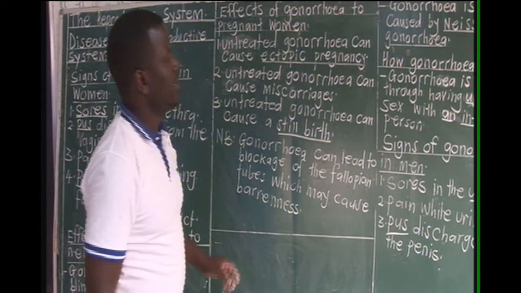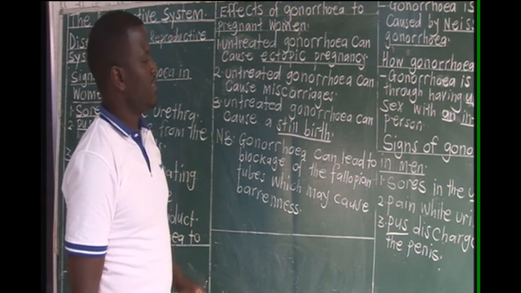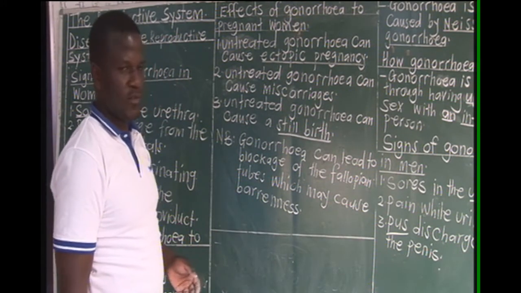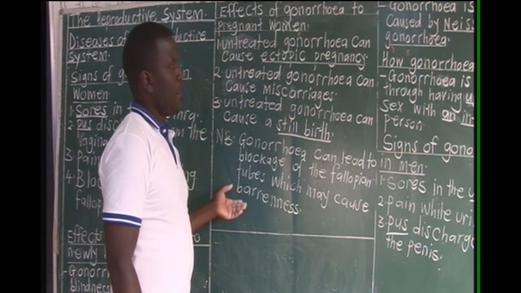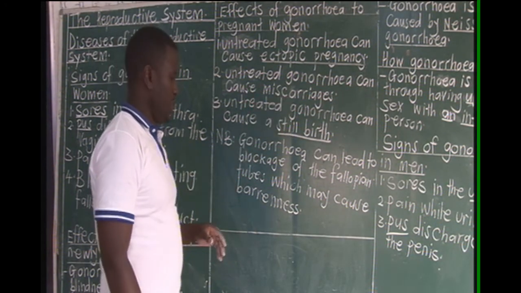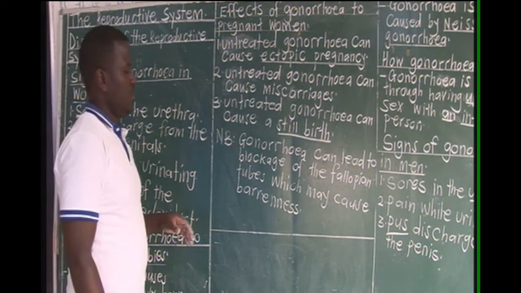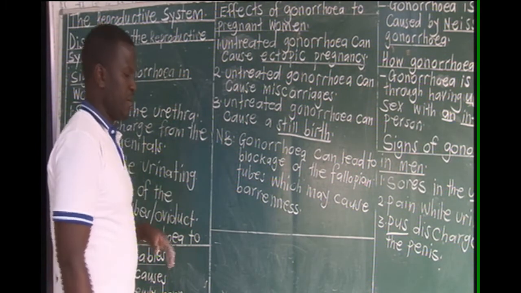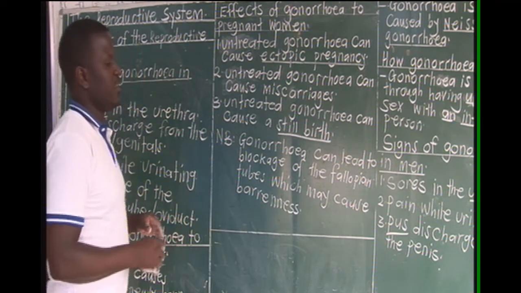Remember we said gonorrhea is spread through having unprotected sex with an infected person, meaning that you can control gonorrhea by avoiding sex. You can abstain from sex. You can have one faithful sexual partner, because when you have multiple sexual partners, there are high chances that you'll get infected with gonorrhea.